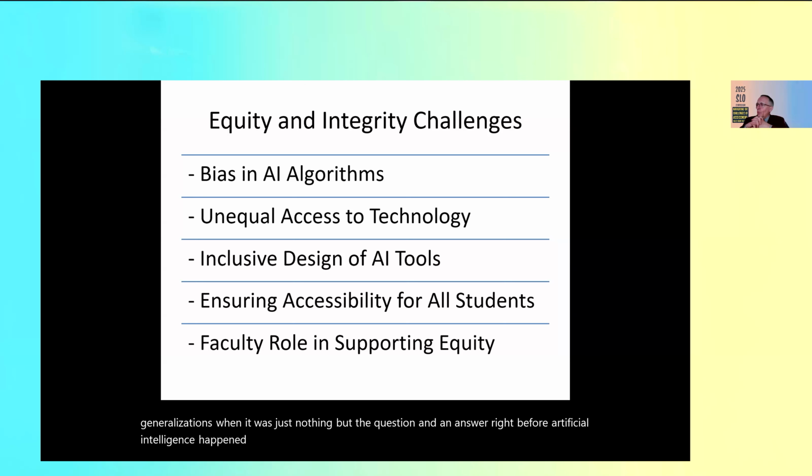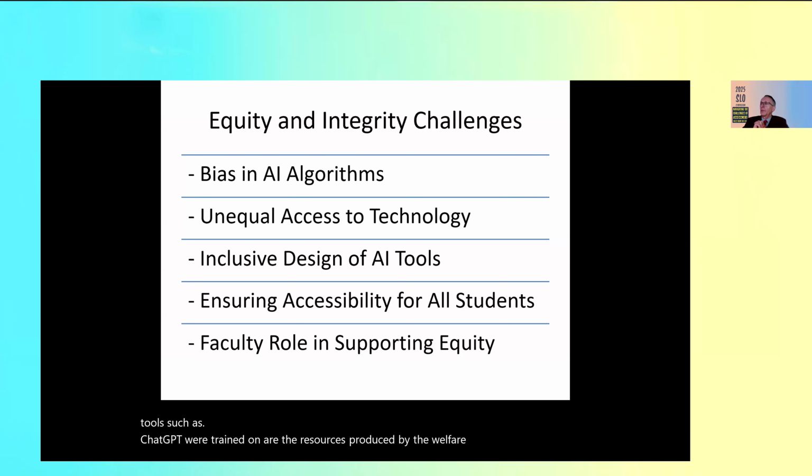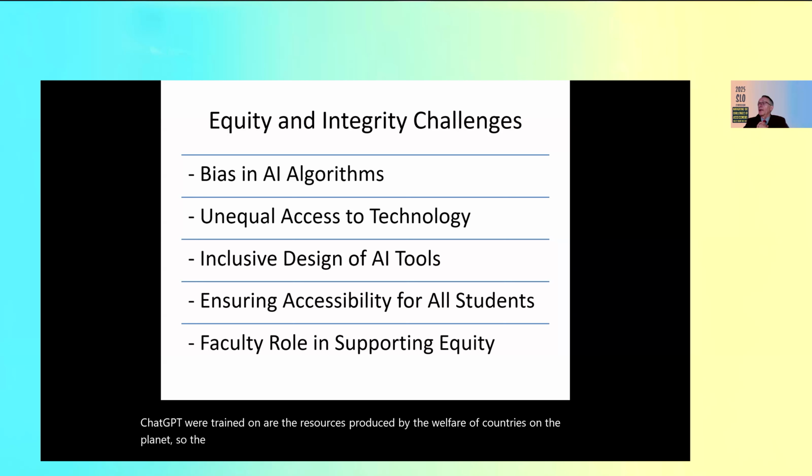And now, when you think about what AI tools such as ChatGPT were trained on, they are the resources produced by the wealthiest of countries on the planet. So the bias happens to be embedded already from the start. And the question is, how do we deal with it?